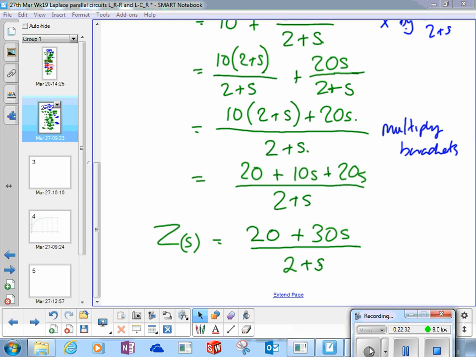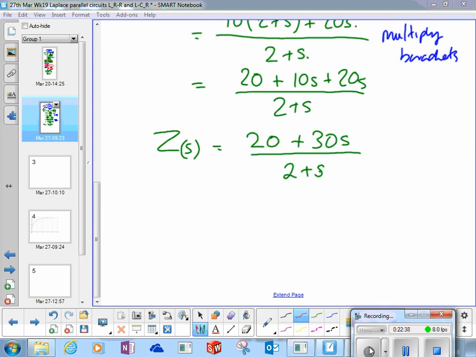Now we can bring into play the expression for I. So we can say I(s) is equal to V(s) over Z(s). That is, take another s over all this.